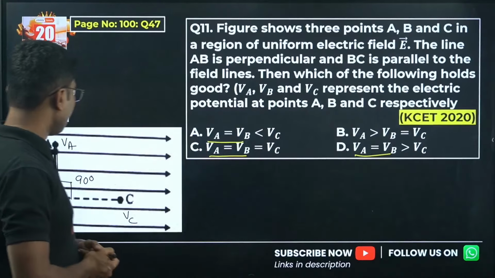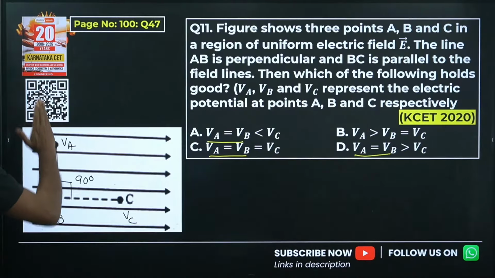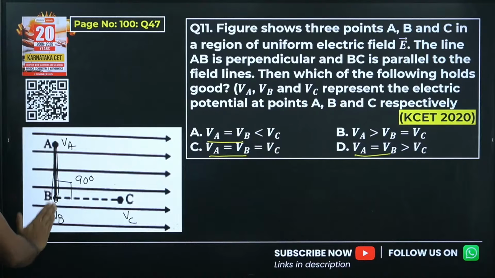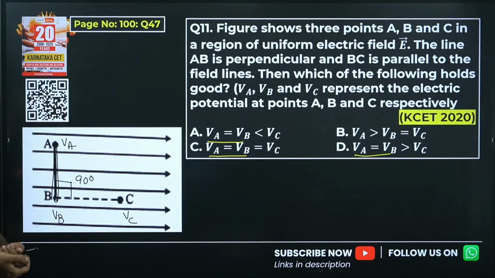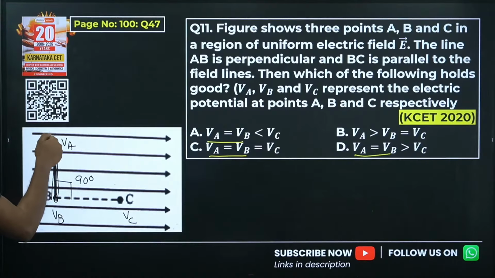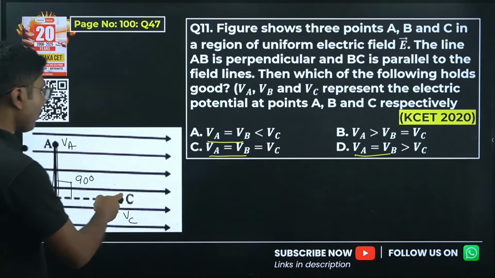Now, first we have figured out that this line AB is perpendicular to the electric field lines, which means it represents an equipotential surface. This is a part of an equipotential surface, so all points on this line must be of the same potential. So A and B must be of the same potential. But what about point C?